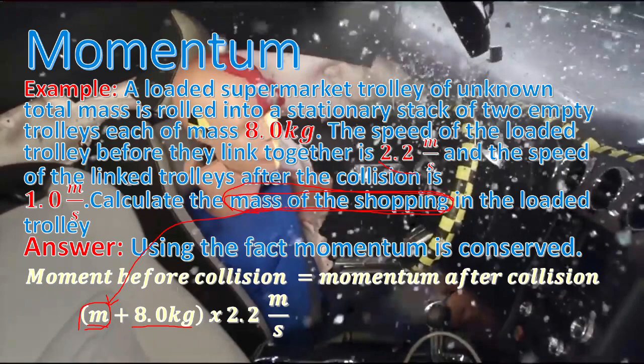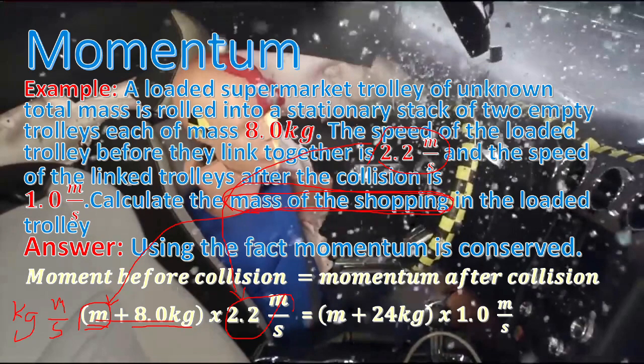Take note that our momentum unit is kilograms times meter per second. We already have our mass and our speed, which is 2.2. So we have our momentum before collision.